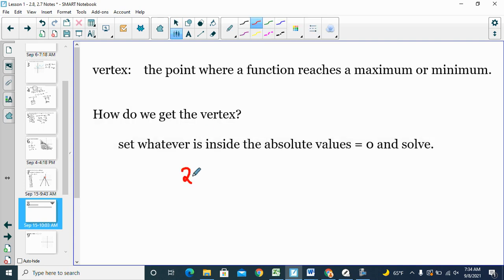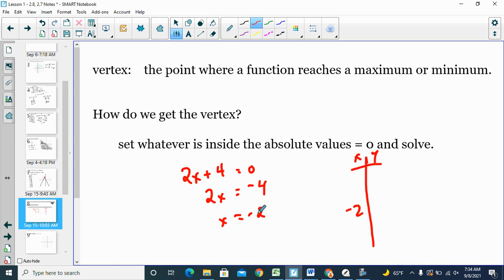If I set 2x plus 4 equal to 0 and solve, I get x equals negative 2. And negative 2 was the x value of my vertex. That way we're not going to have to plug in 15 points and still not be sure if we've captured that vertex or not. We're always going to start by doing this and then set up your xy chart. Negative 2 goes in the middle because that's my vertex, and then we just plug in 2 points on each side.